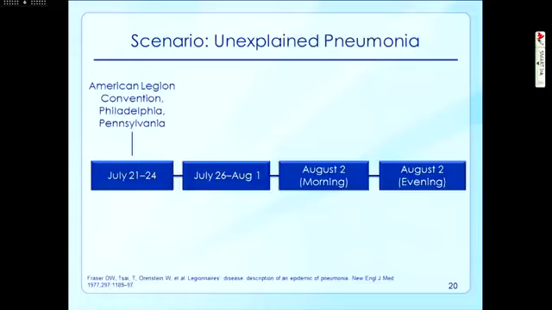Soon after the convention began, a substantial number of attendees were admitted to hospital emergency departments or seen at doctors' offices with sudden onset of fever, chills, headache, malaise, dry cough, and muscle pain. More troublesome than that is that during July 26th to August 1st, a total of 18 conventioneers died, reportedly from pneumonia.